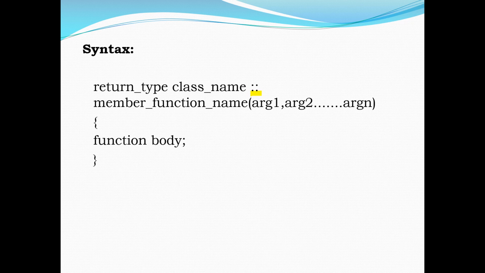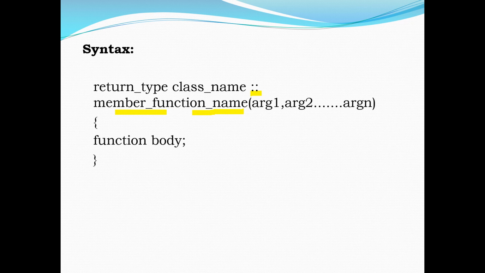This operator is used to define a function outside the class declaration. The scope resolution operator is followed by the member function name and the arguments given inside the function. After passing the arguments, you can open the function body.